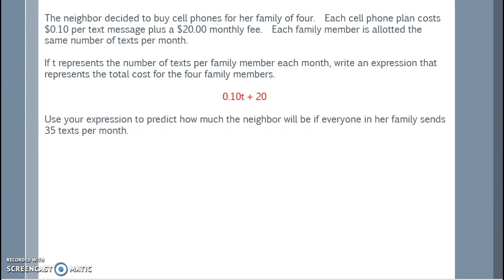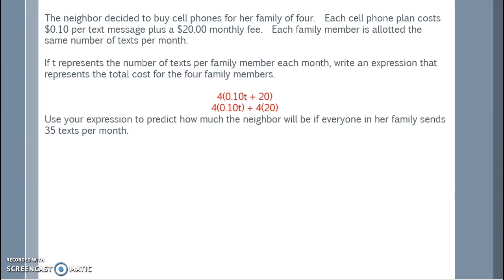So we know that it's 10 cents per text plus a $20 fee. So this could be our expression. But there are 4 family members, so we would need to multiply all of that by 4 so that every member in the family is counted.